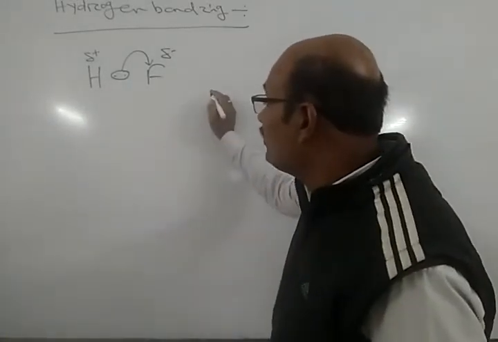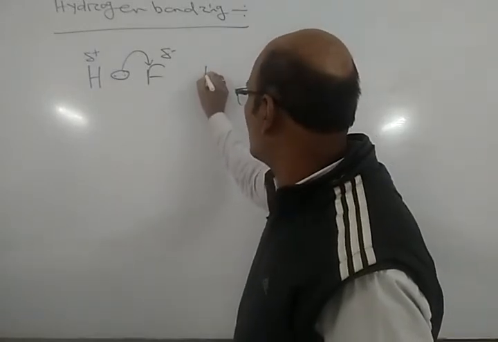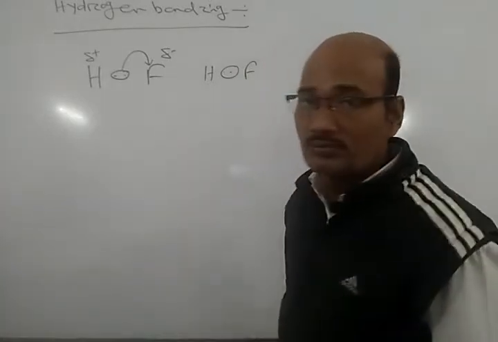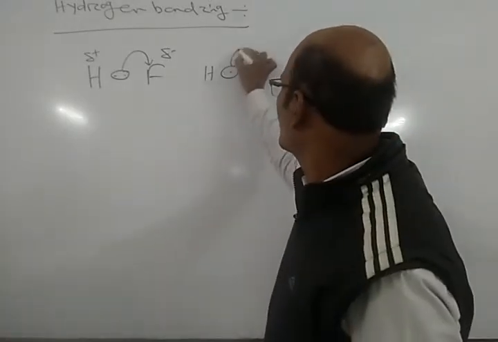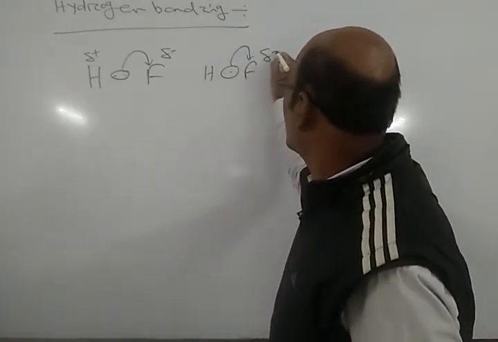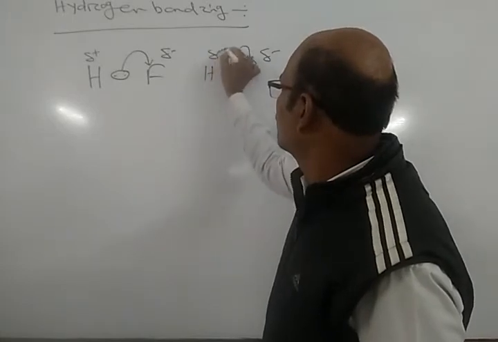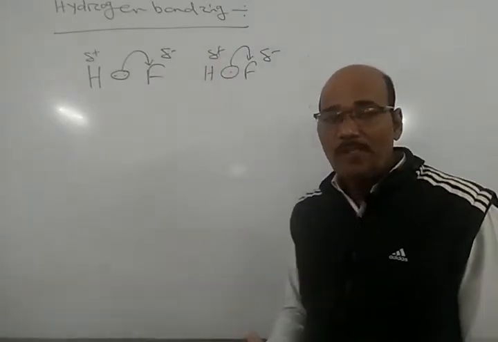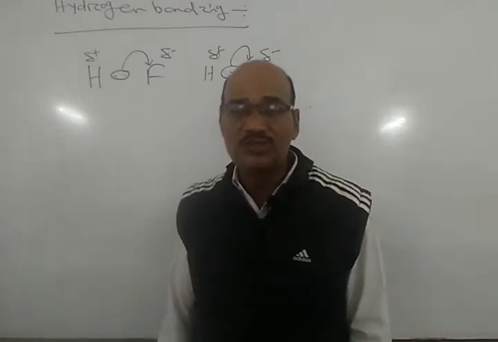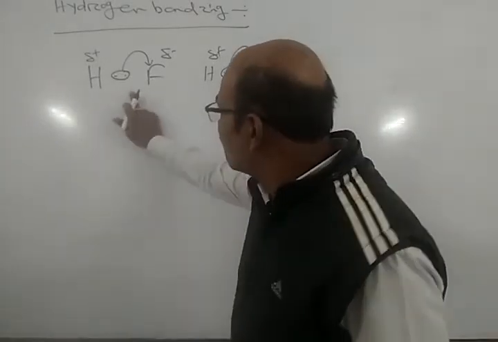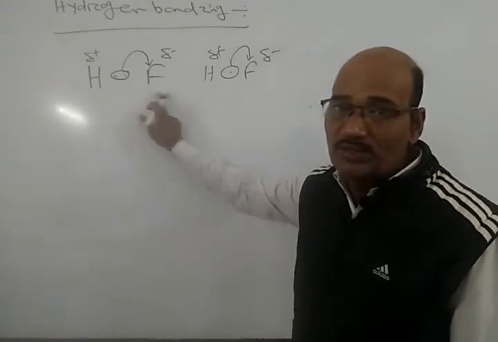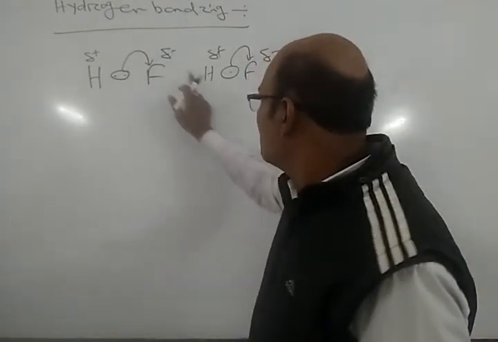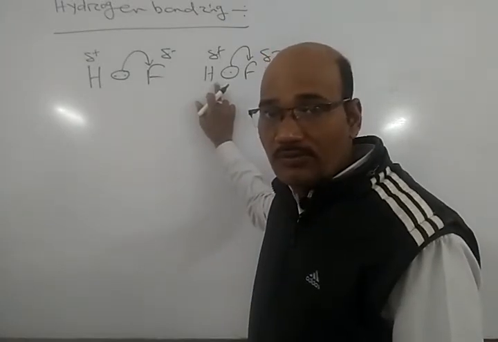Now, if I have another molecule of HF here, the same case will happen, partial negative. So when we have a sample of HF molecules, each HF molecule is polar. So this end is a negative end and this end is a positive end.